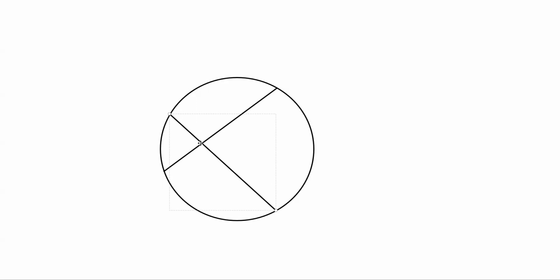So now my intersection is inside the circle. The measure of the angles formed equal 1/2 the sum of the measures of the intercepted arcs. Okay, so let me pause. Let me say that this is x degrees. This is 80.